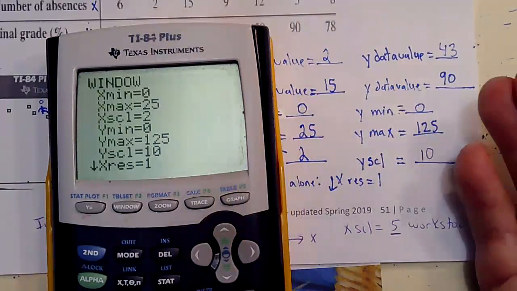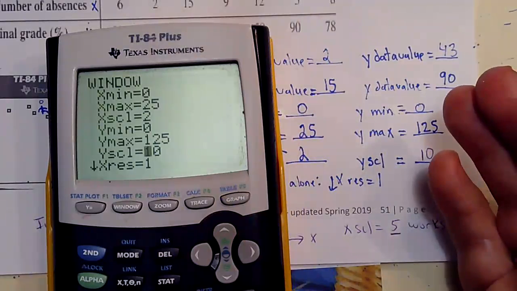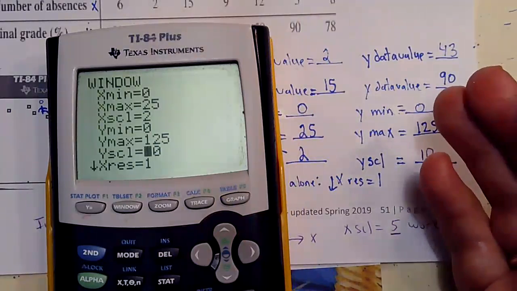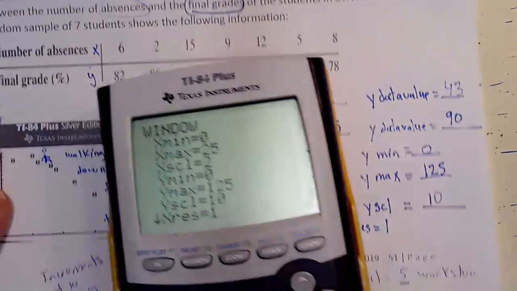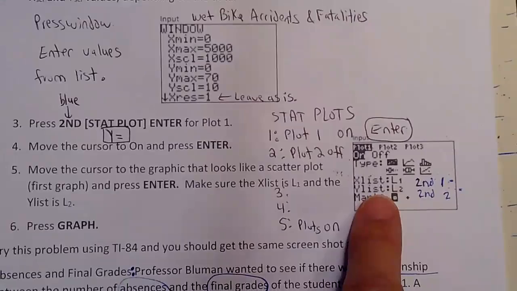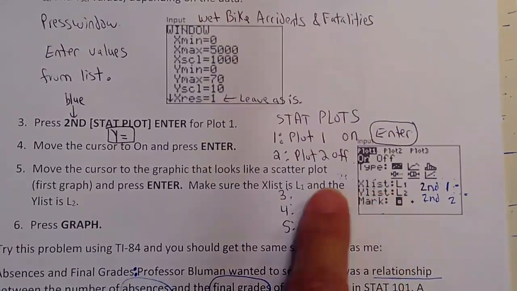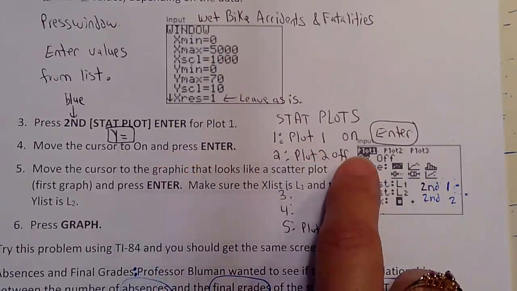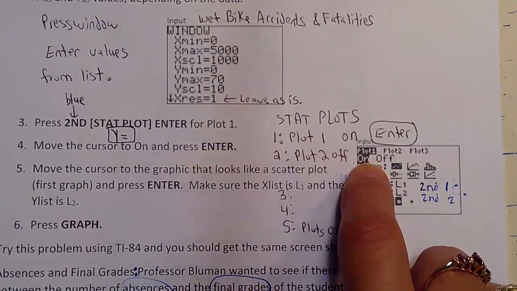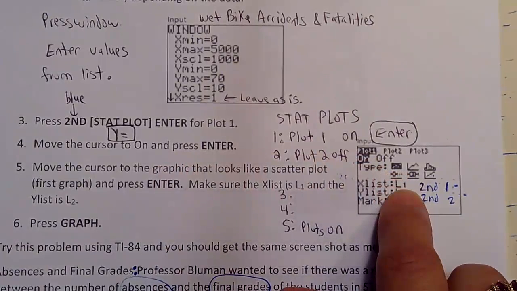That was when we did that first problem about the wet bike accidents, the first time we were setting this up. You had to turn your first plot on and tell the graphing calculator you're doing a scatter plot. And then we put the data in L1 and L2.